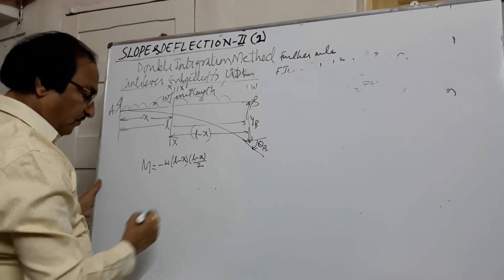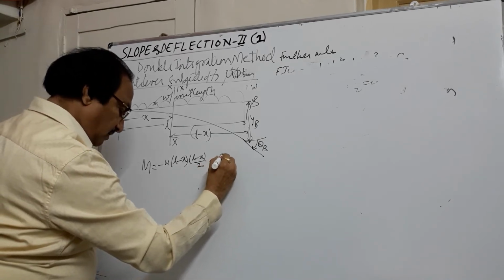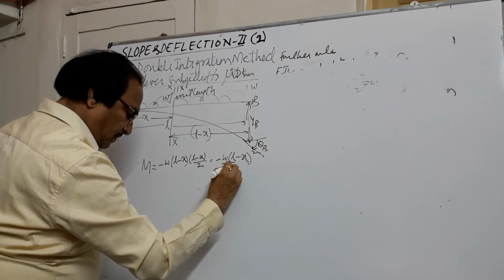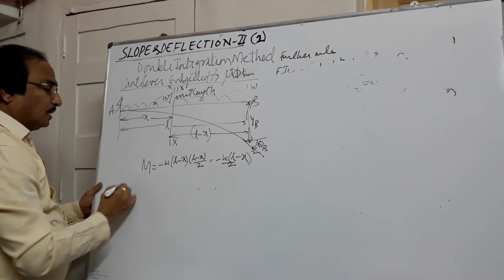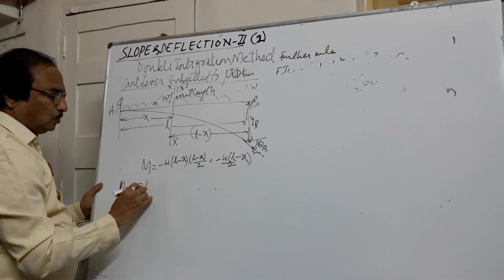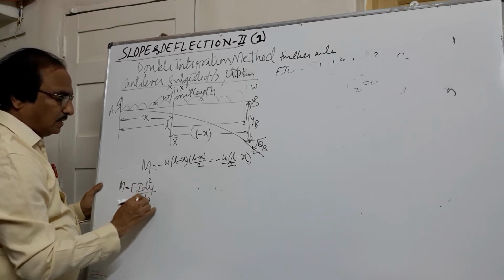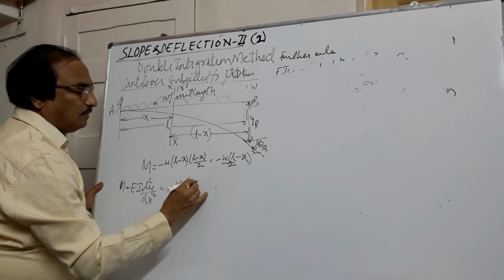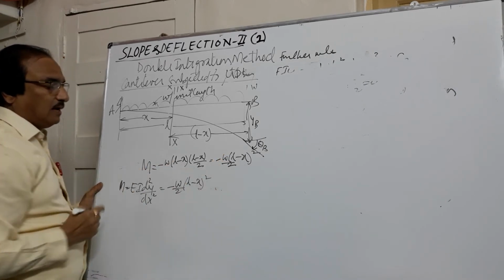So we get the equation as minus W into L minus x whole square divided by 2. Now we know moment is given by the differential equation EI d2y by dx square is equal to minus W by 2 into L minus x whole square. This equation I have written here.